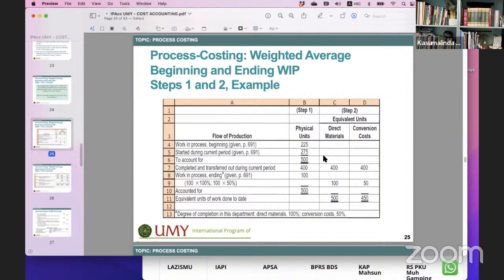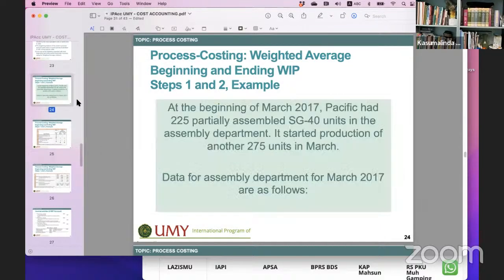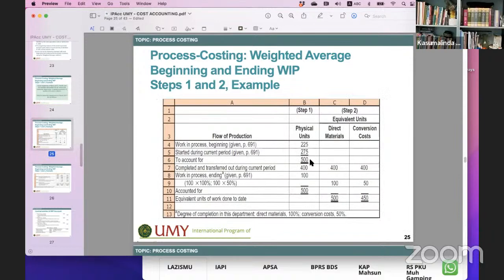Okay, so with this information, step 1, the physical units: we have the beginning work in process 225, and started during the current period 275. From the information given here, 225 plus 275, we can calculate units to account for, 500. Then units completed and transferred out during the current period is 400.